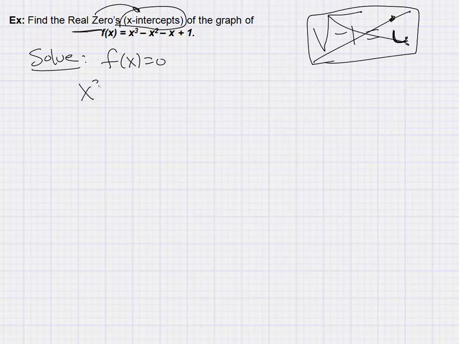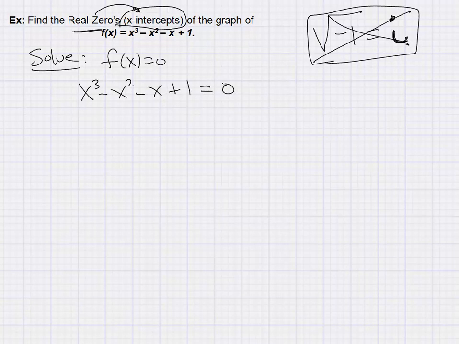So I have to take x cubed minus x squared minus x plus 1 and set it equal to 0, and solve that equation. It's a polynomial equation. The primary way you solve polynomial equations is by factoring. So I have to be able to factor this polynomial, and this is going to be a huge part of what we do throughout this whole section.